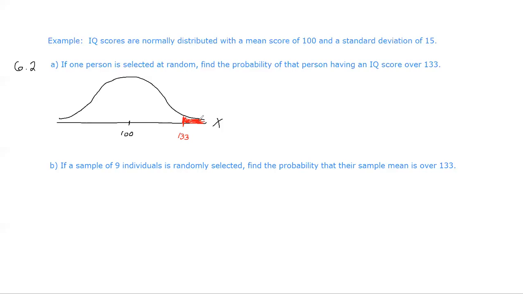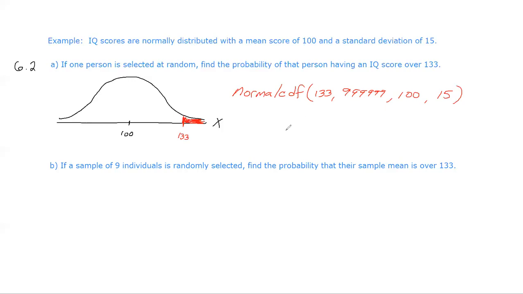Given the fact that we are trying to find an area, this is going to be a normal CDF problem. So I would go to my calculator and put in normal CDF. The lower bound of this region is 133. The upper bound is, I'm going to throw a really big number in here. The mean is 100. The standard deviation is 15.